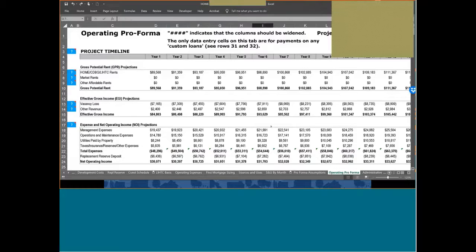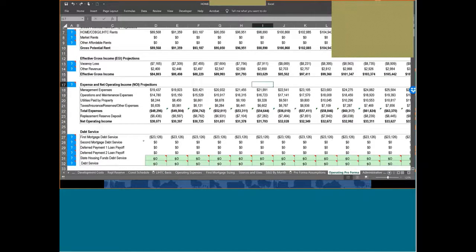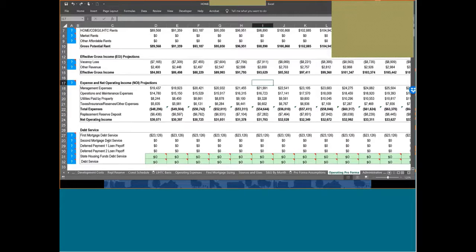It doesn't permit that as it's currently designed, but with a little bit of Excel talent, what you would essentially do is get into this section here, and put in the amount of loan that's due when it's due and the new proceeds from the new debt. The short answer is that you'd have to modify the template, but it's not a complicated modification to make.